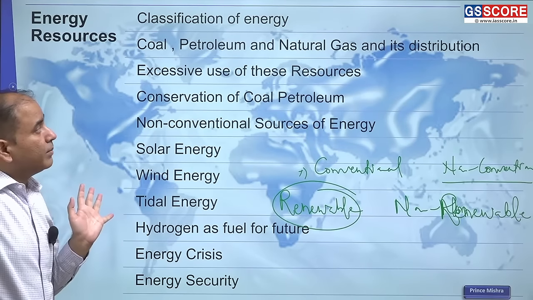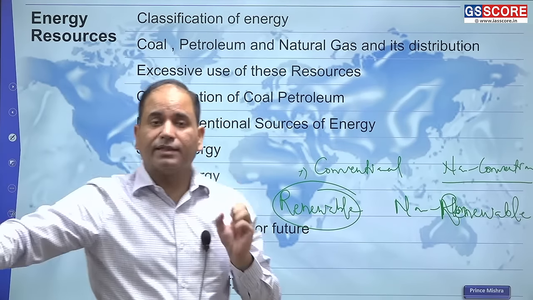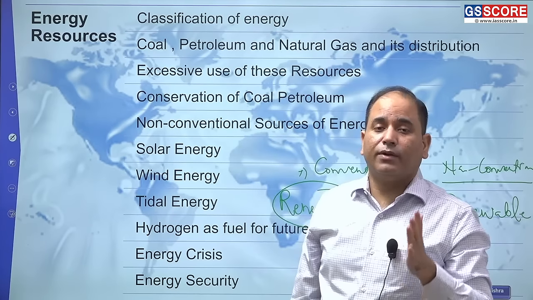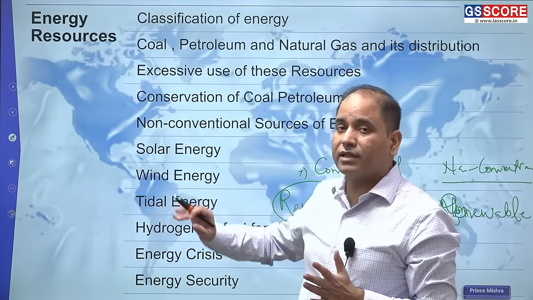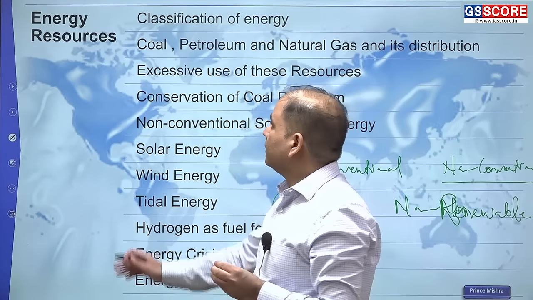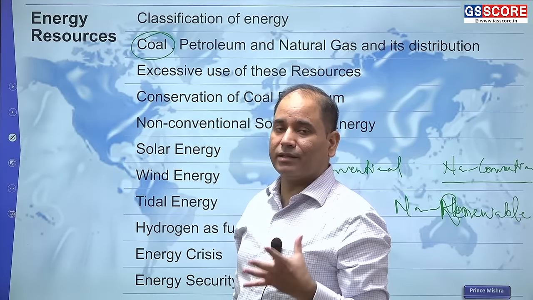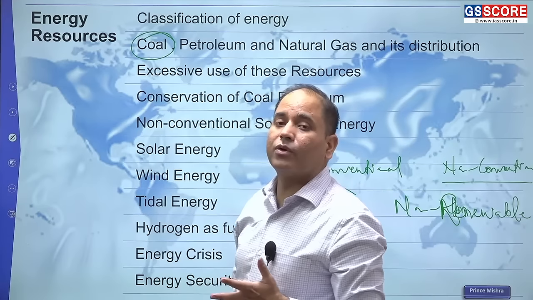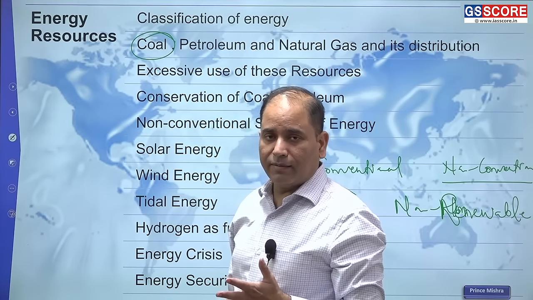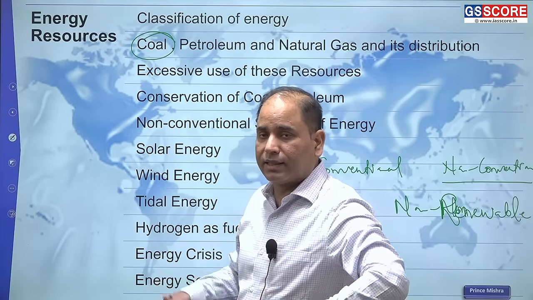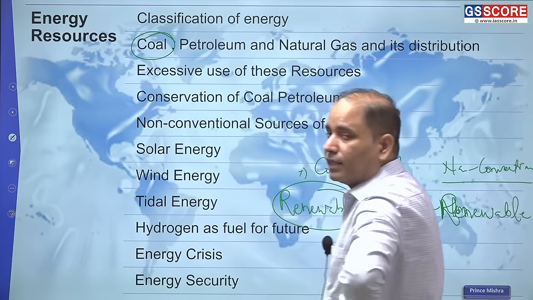You need to know where these coal, petroleum and natural gas are present, their distribution. In fact, harnessing energy from the non-renewable, conventional sources is very easy. That is the reason why throughout the world, most of the electricity being generated is through coal. In India, more than 55% of our electricity is fulfilled by burning coal.